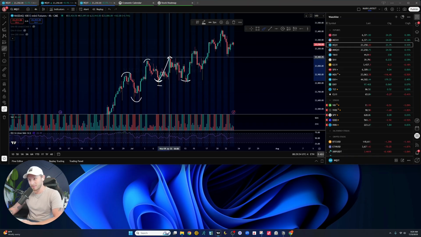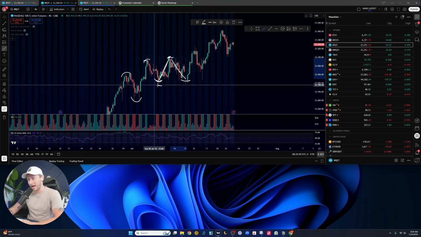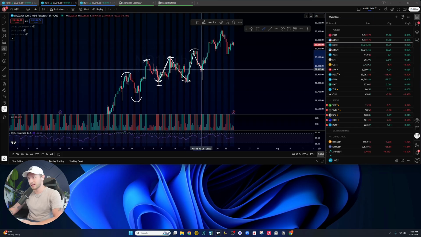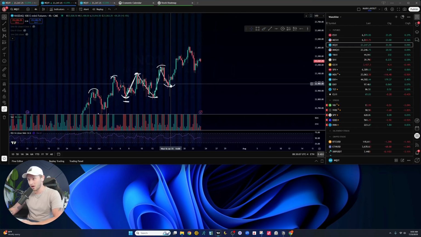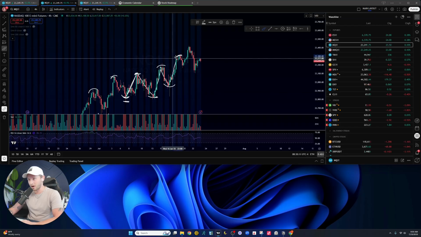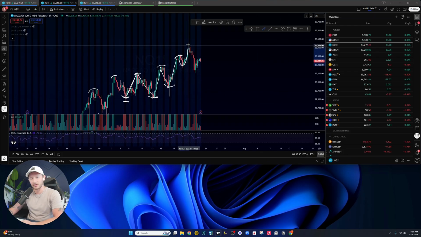So technically speaking, we do have this slightly higher high. We pull back, a slightly higher low. Still in an uptrend. We have this higher high, pull back, higher low, right? Still in an uptrend. Push on up, higher high, pull back, higher low, push up, still in an uptrend.